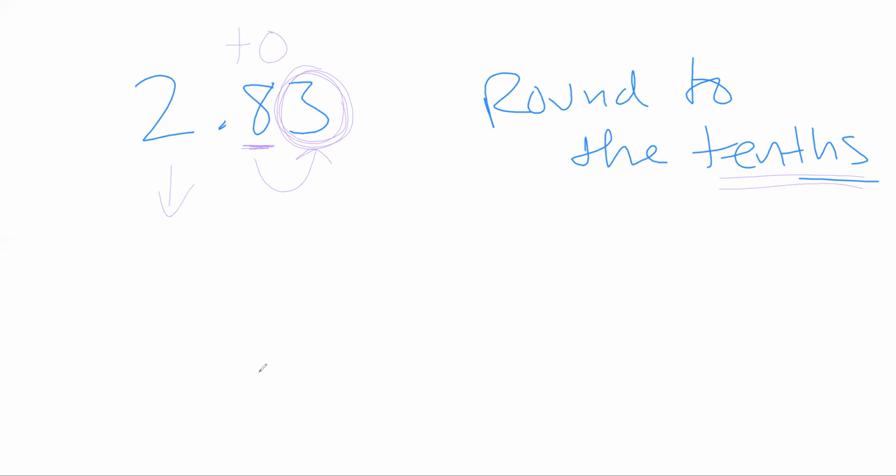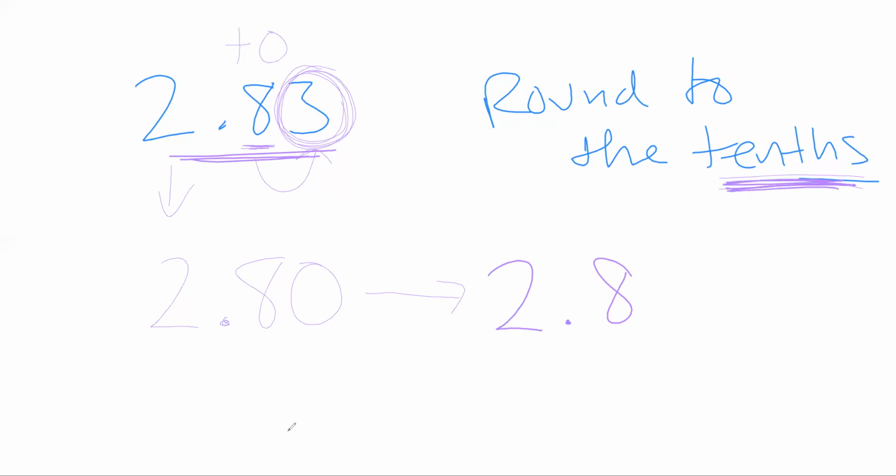We never talked about the 2, so it is still a 2. 0 plus 8 is 8. I circled this because it turns into a 0. Let me just say 2 and 8 tenths. So 2 and 83 hundredths, when rounded to the nearest tenth, is 2 and 8 tenths.